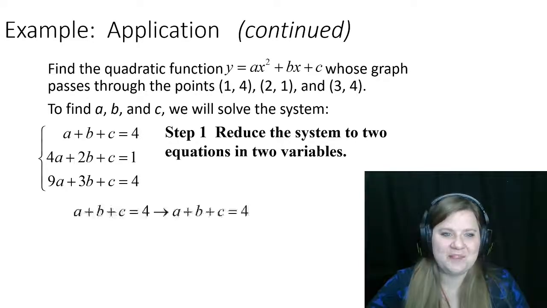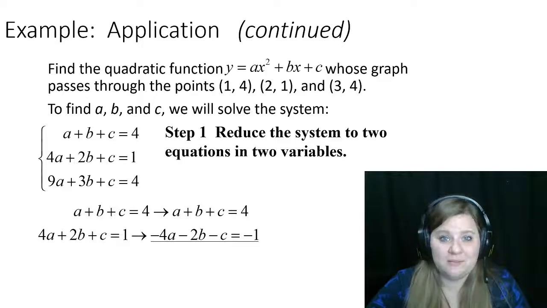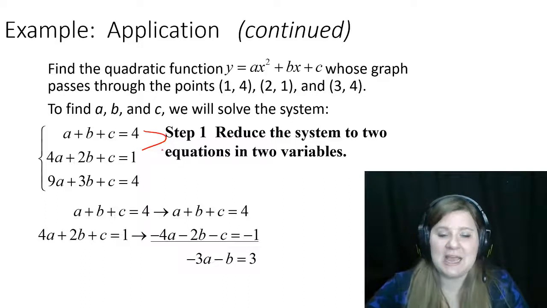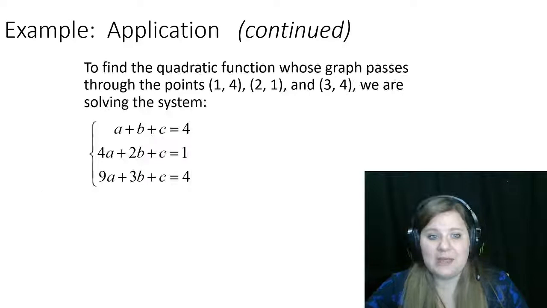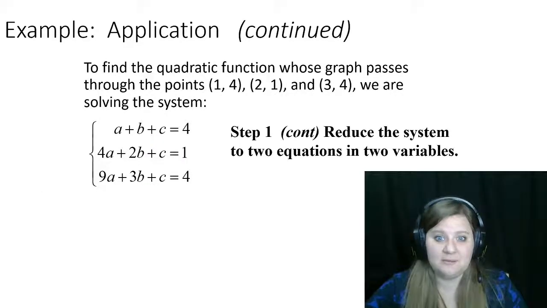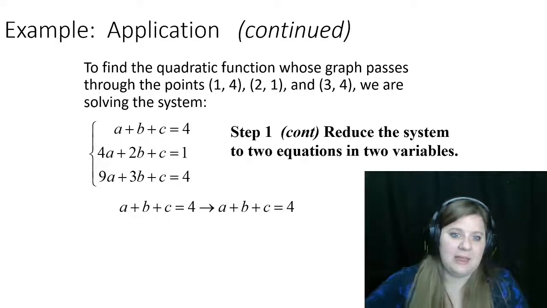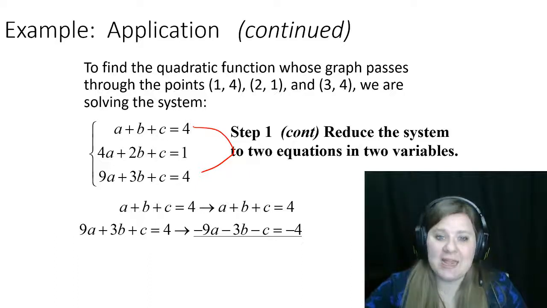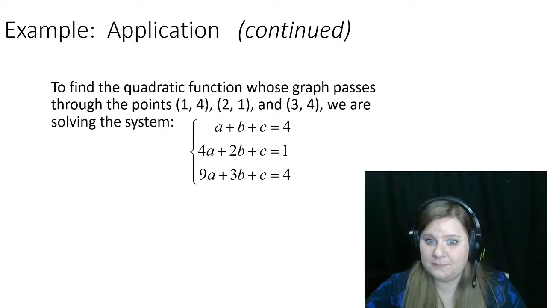All right, so I chose to get rid of c. To do that, I multiplied the second equation through by -1 and added it to the first equation. When I did that, I got -3a minus b equals 3. Then I did the same thing, where I took the first equation and multiplied the third equation through by -1, and I added down and I got -8a minus 2b equals 0.